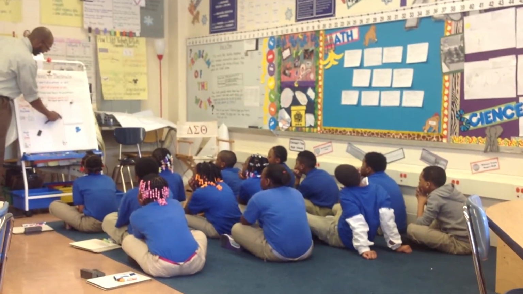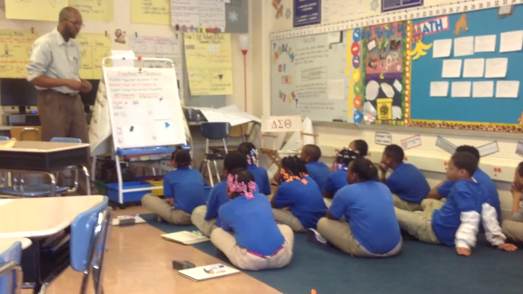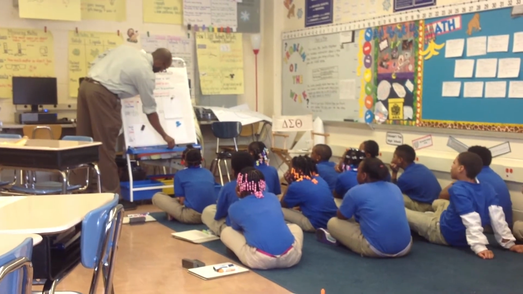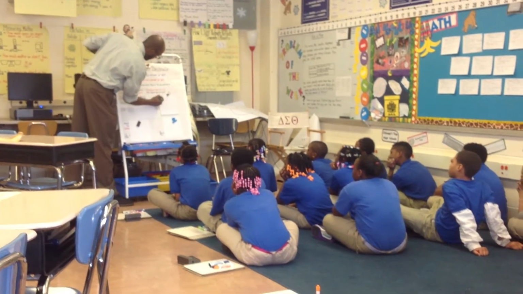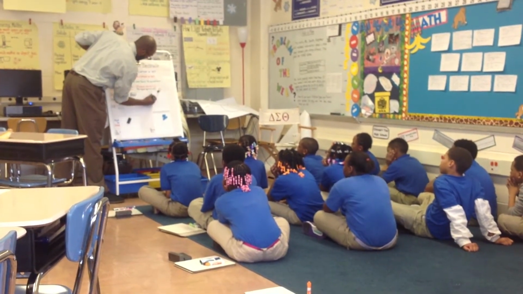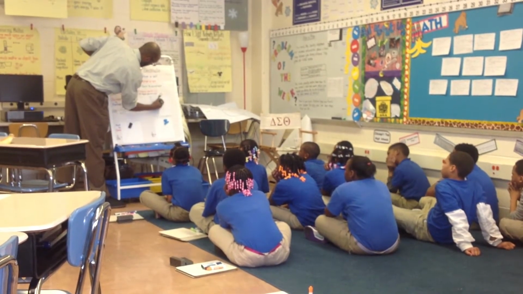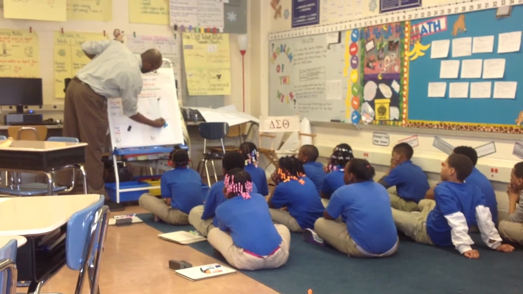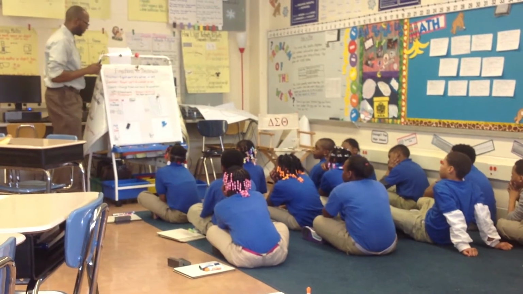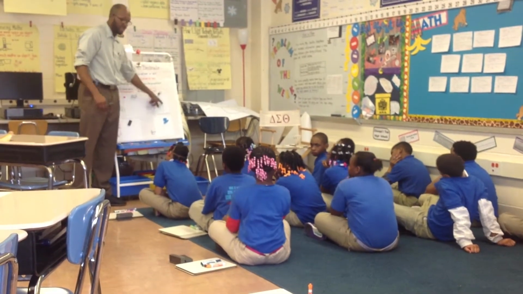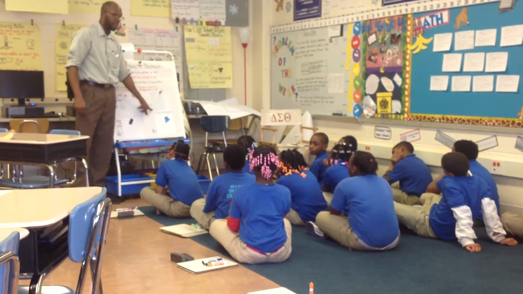Next, I tell myself that I want 7 of those 10 equal parts. So I can shade in 7 of my 10 equal parts, because that's how many I want.